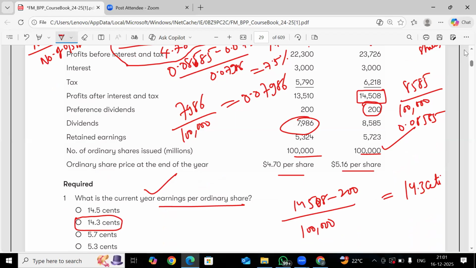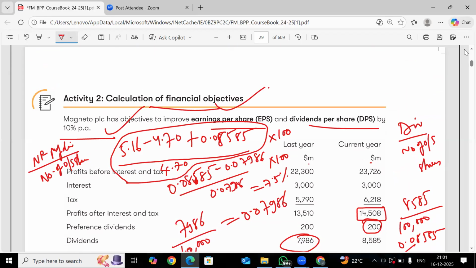Yeah, sir. Okay, let's do this. So 5.16, 4.70. It's 11.6%.